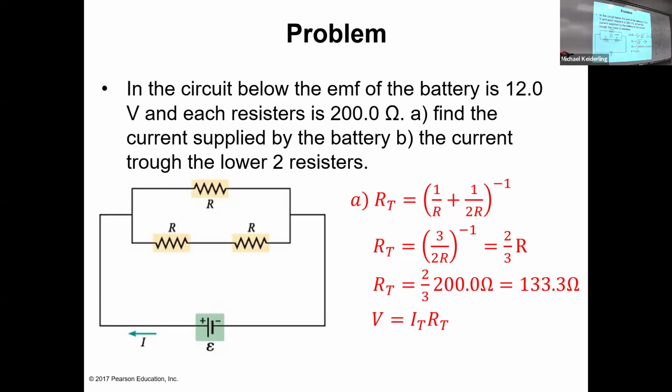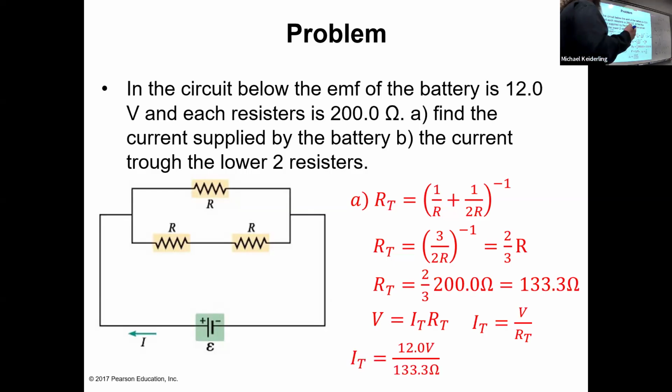Our voltage is total current times total resistance. The total current is going to be our voltage of the battery divided by the total resistance. So 12 volts divided by 133.3 ohms is 0.09 amps. So there are 0.09 amps going through the whole circuit.